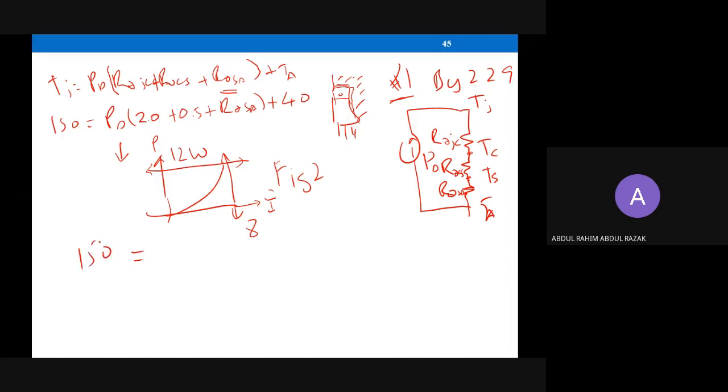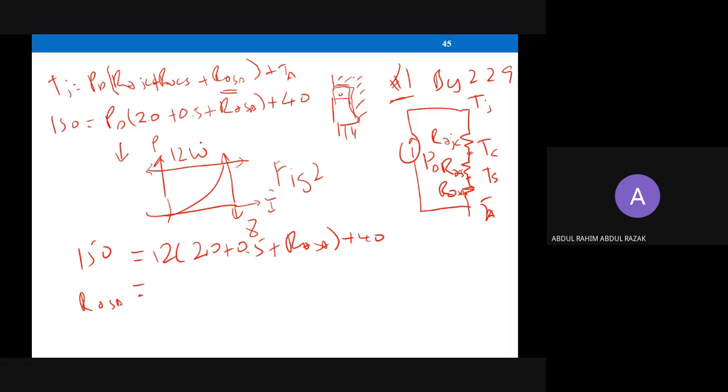Okay, 150 equals 12 times 2.0 plus 0.5 plus our thermal SA plus 40. So this is the final value for the thermal SA, which is how much? Anybody can calculate?